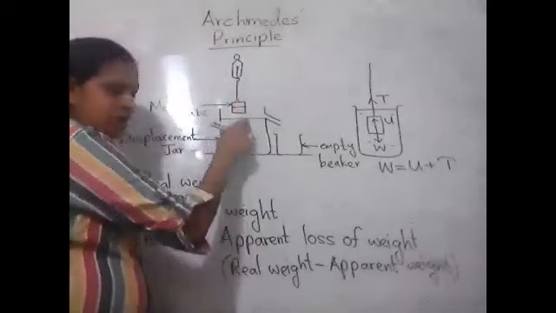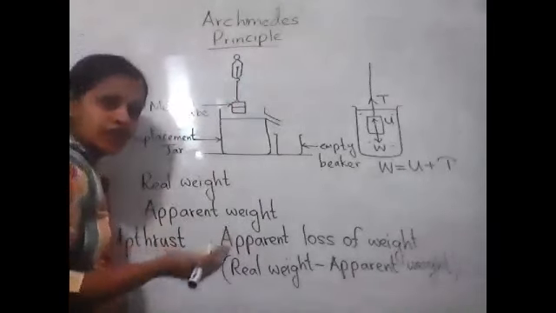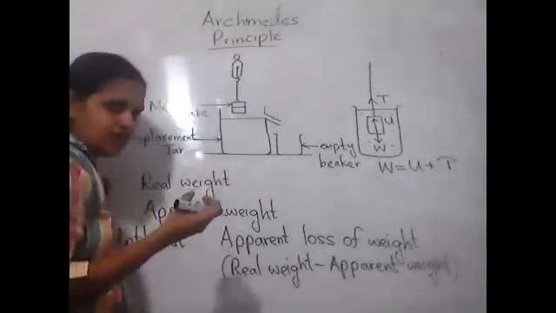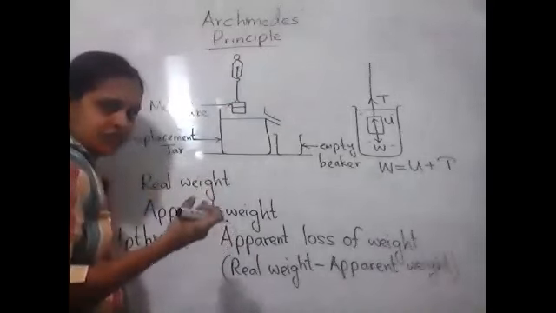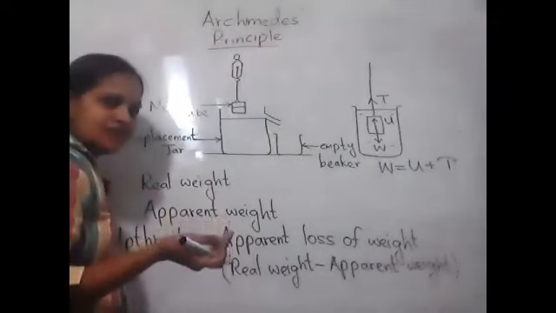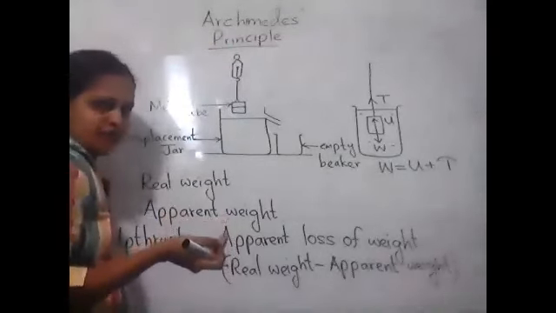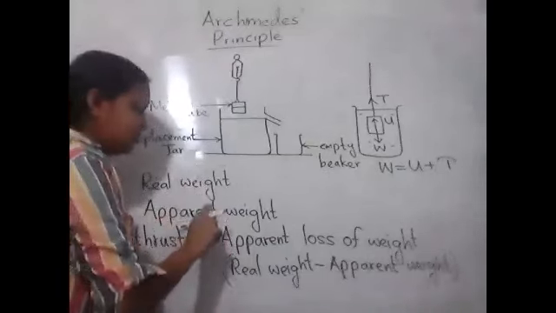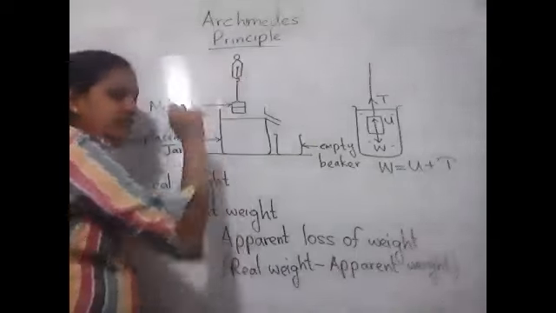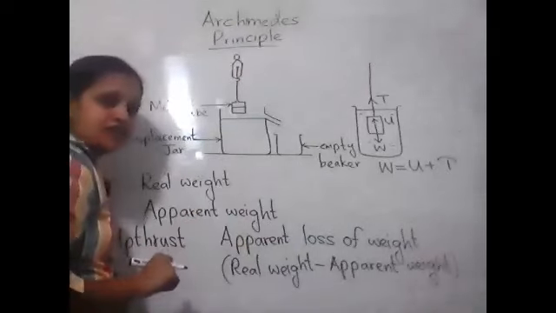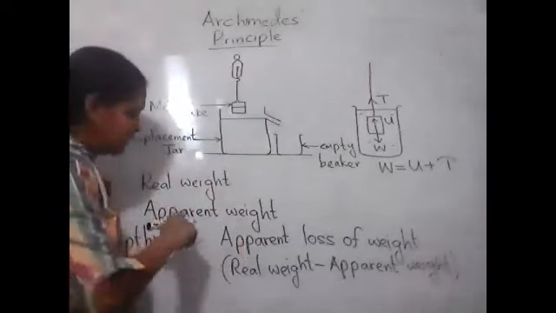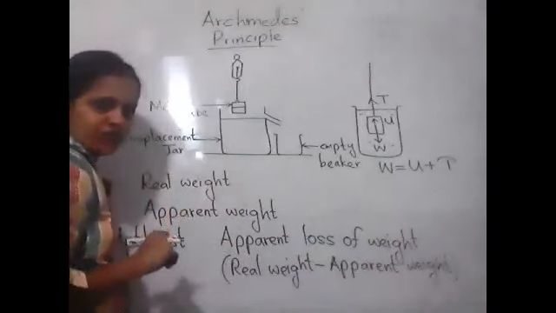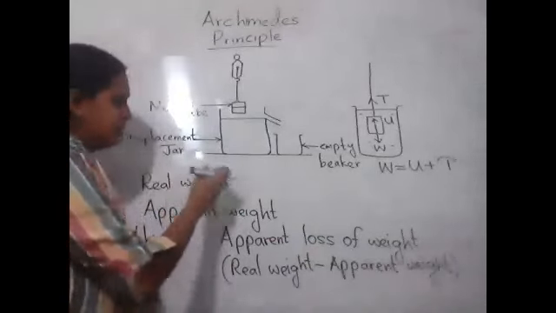Once we submerge this object in the fluid or in water, we feel a weight loss, right? The loss of weight takes place. That is because of the upthrust. So the weight or the reading visible when it is immersed in water is known as the apparent weight.